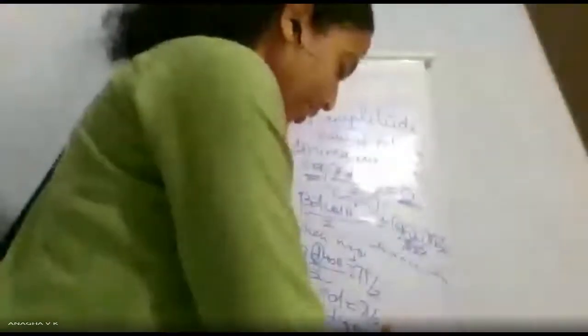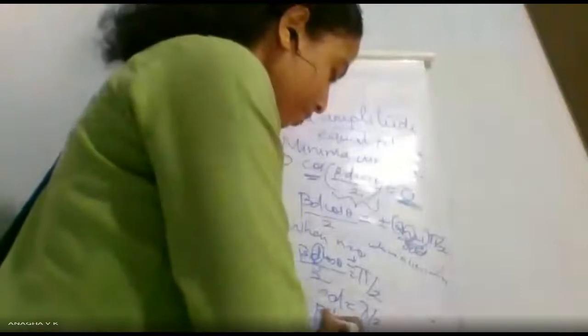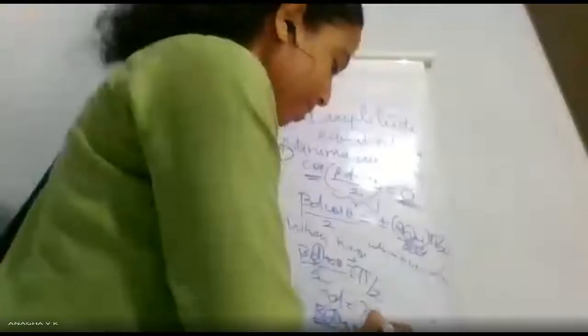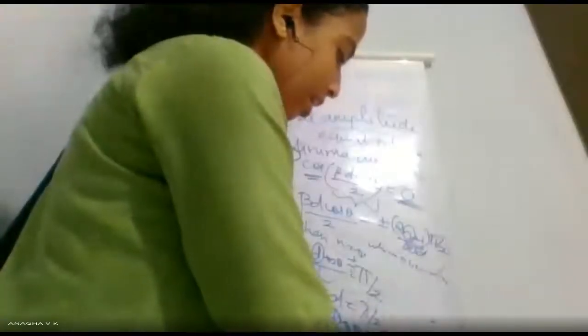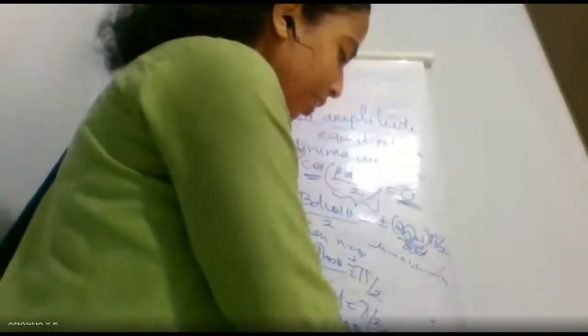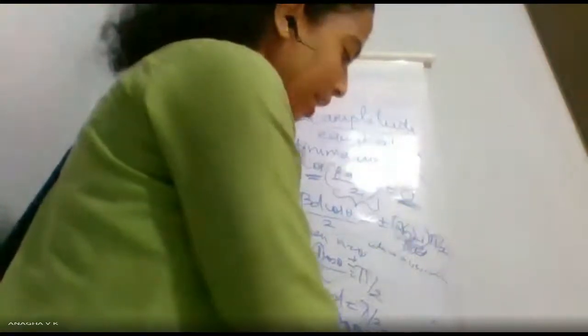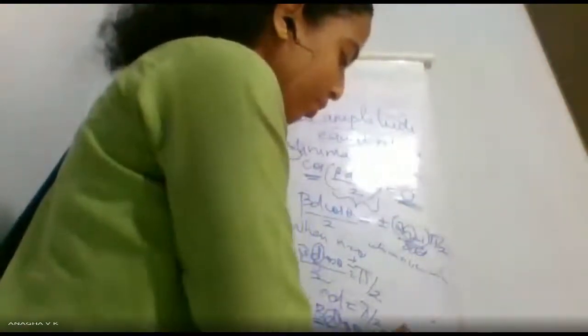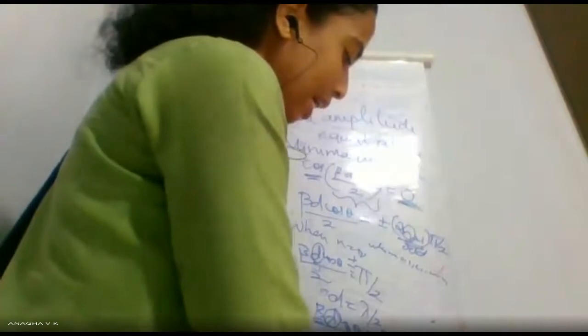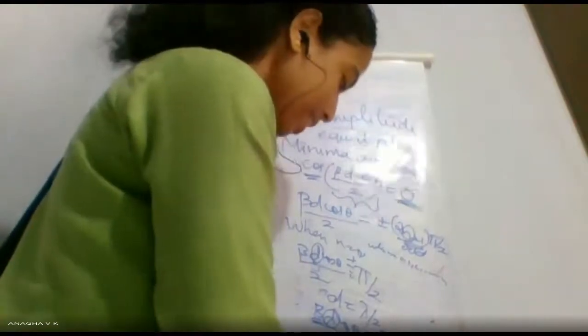Beta d cos theta by 2 equals beta, which is 2 pi by lambda, and d is assumed as lambda by 2, into cos theta by 2. So 2 and 2 get cancelled, lambda and lambda get cancelled.